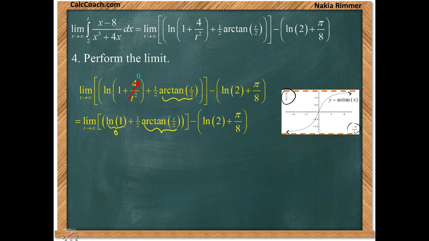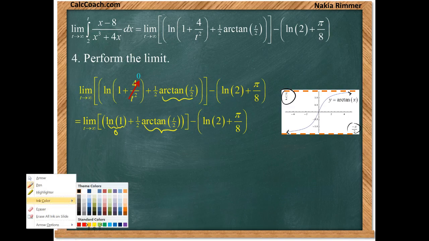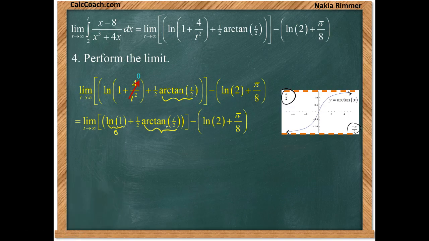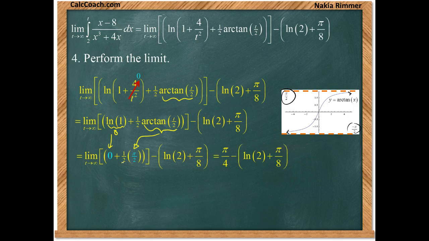And so there we have it. We are ready now to finish this off: this guy is pi over 2, and log of 1 is 0. So we have a pi over 2 and a half. That's a pi over 4. And we're done with the limit.